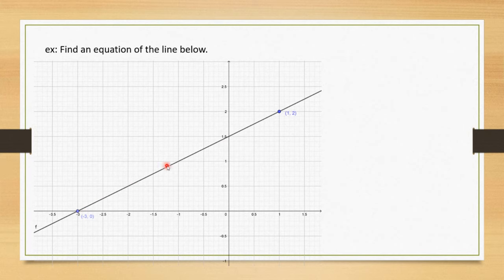It's rising as we move to the right. It's pointing northeast, if you think of this as north and this as east, like on a compass. So we know at the very least, the slope has to be positive.